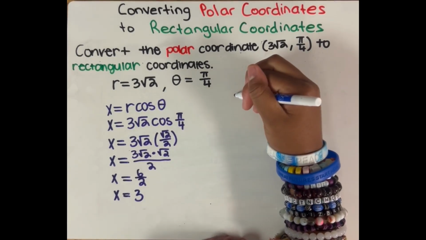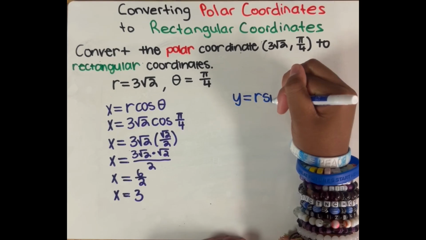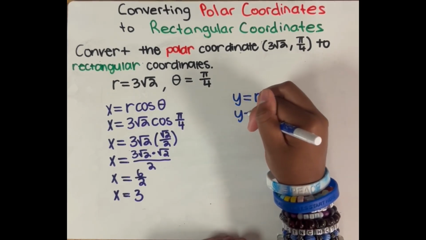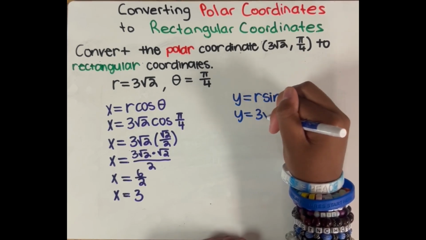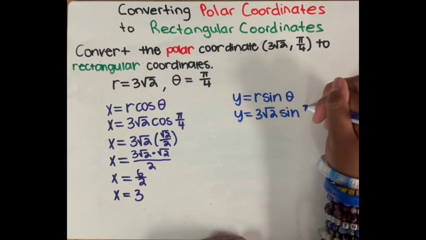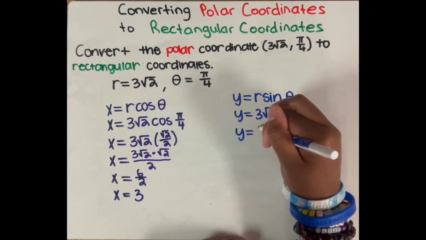Then we do the same thing for our y-coordinate. So this time y equals r sine theta, and we do the same thing, plugging in our r and theta. So y equals 3 root 2 times sine of pi over 4. And then the sine of pi over 4 is also root 2 over 2.